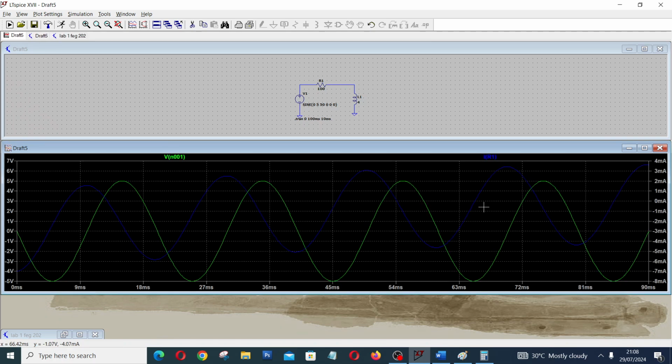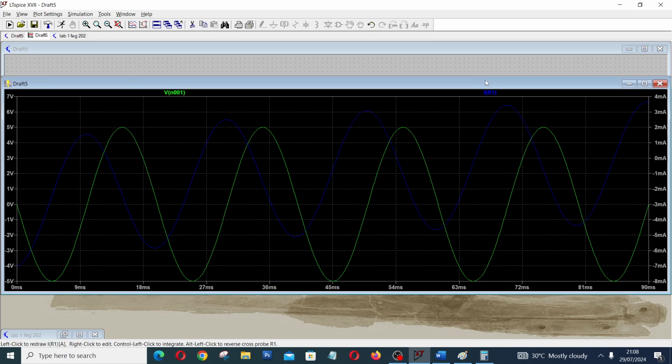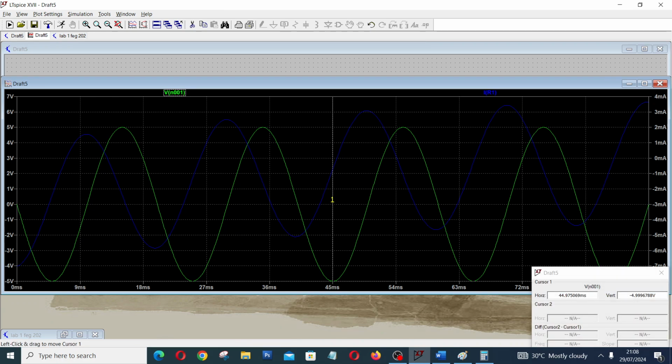How do we find the power factor of this system? I think I've explained that in the previous video, but I'm still going to do it again anyway. To find the power factor, this is the current waveform, and this is the voltage waveform. So let's find the cursor.